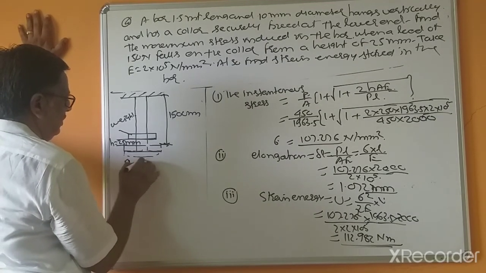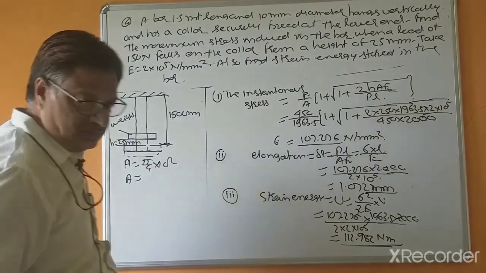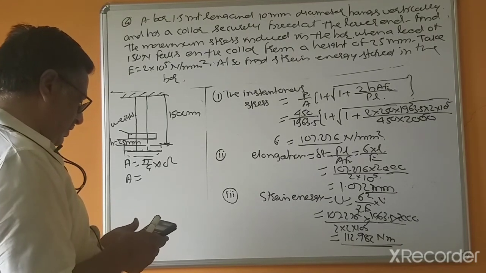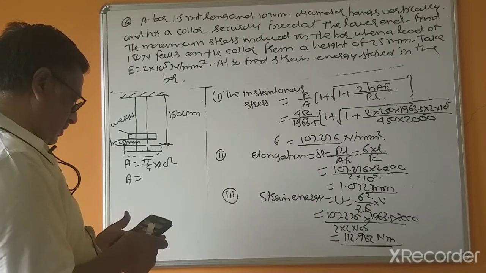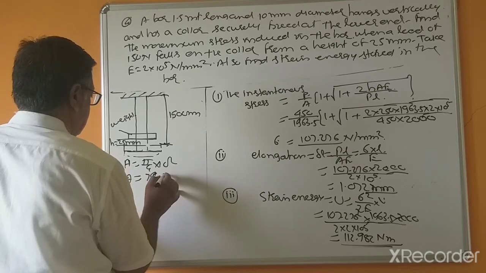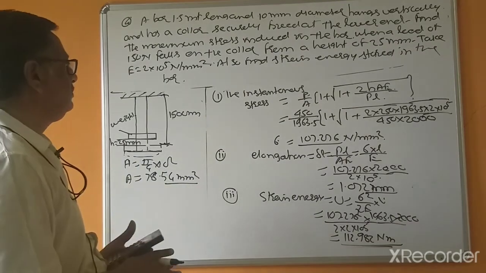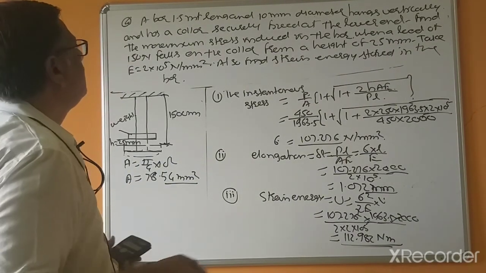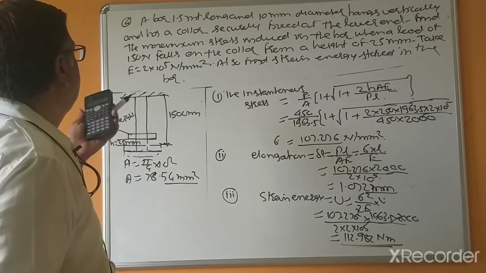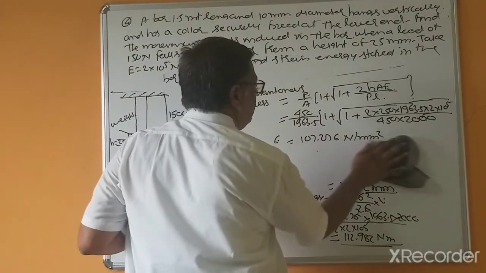Now area equal to pi by 4 10 squares, pi multiplied by 100 divided by 4, this is 78.54 mm squares. So what is to be found out? The maximum instantaneous stress induced in the bar, and also find strain energy.